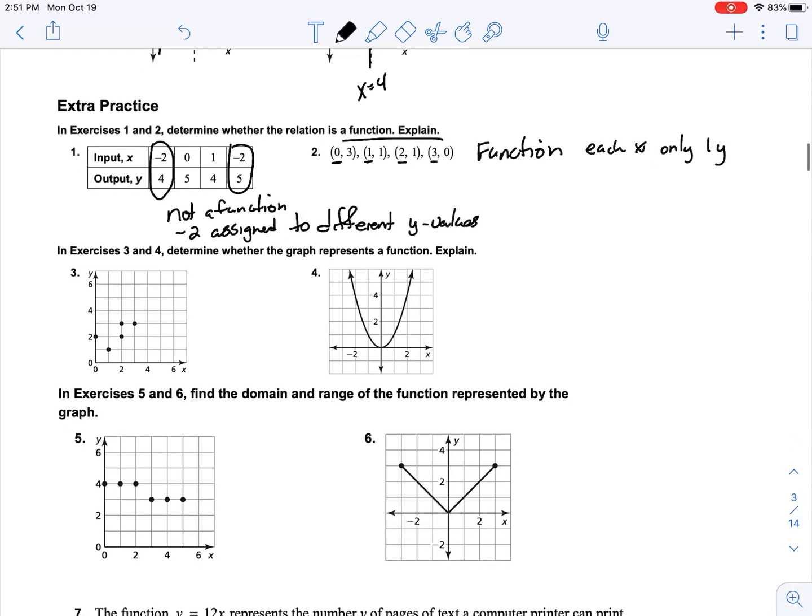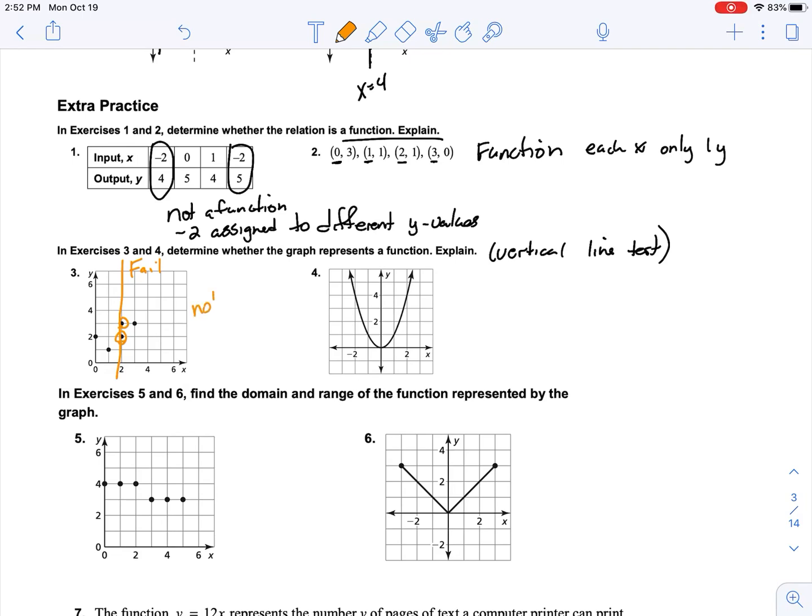All right, so determine whether the graph represents a function. So again, this is my vertical line test. Over here, we'll change colors and we'll go to red and then orange. If I draw my vertical line right there, we failed the test, all right? This is a fail because it went through 3 and I went through 2, okay?